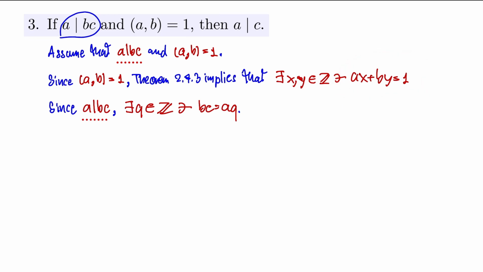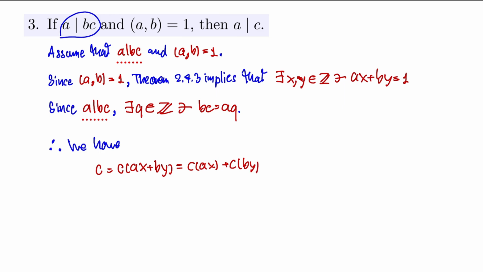So we have c equals c times (ax plus by), and it turns out to be c times ax plus c times by.